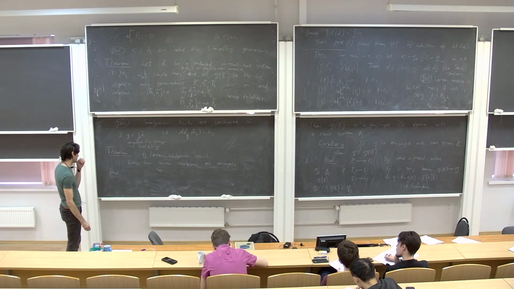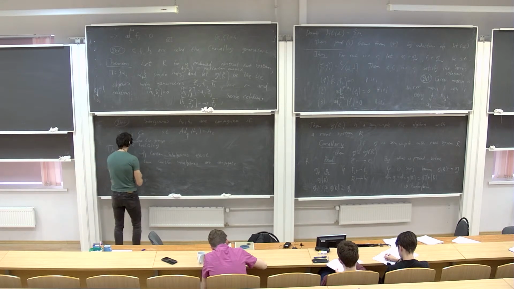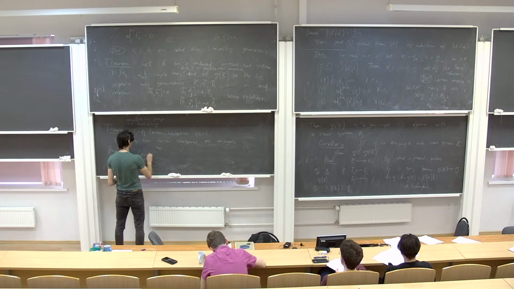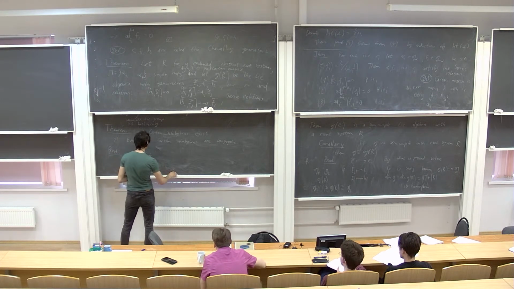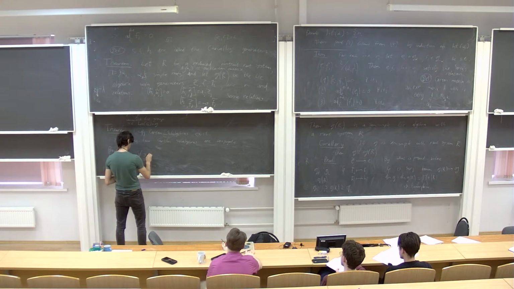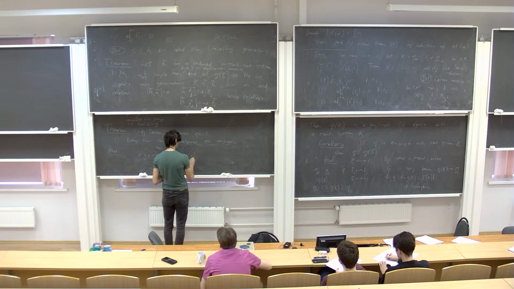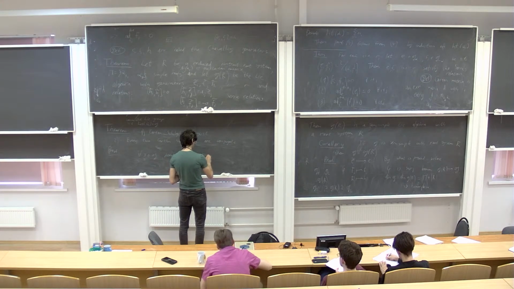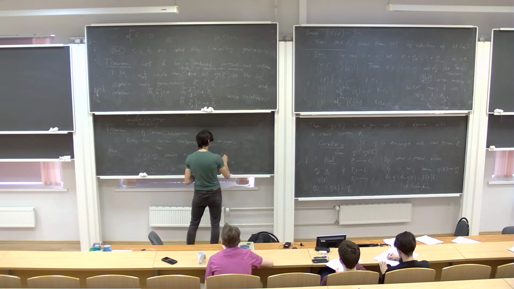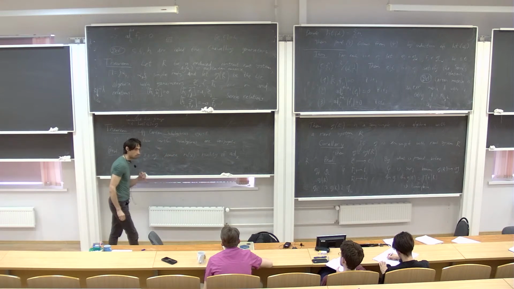For that I need to introduce regular elements. For each element x in g, denote by n(x) the nullity of ad x.